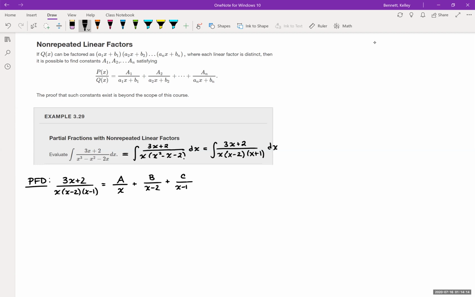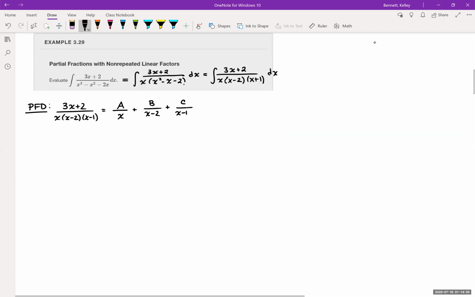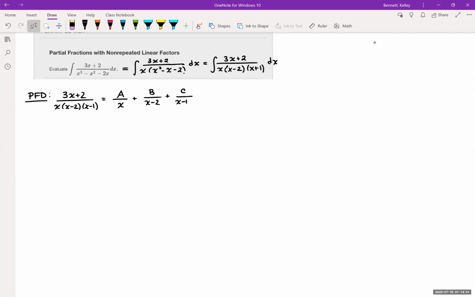So it just says that you can break this into the sum of the linear terms with constants A, B, and C. And so the art of partial fraction decomposition is really just figuring out how to solve for A, B, and C.